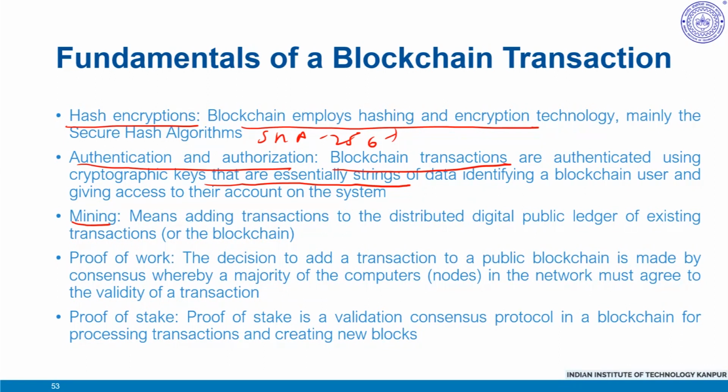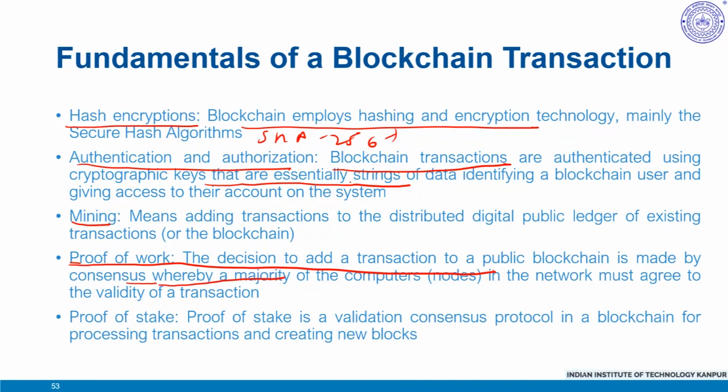Next, you have proof of work. This is the decision to add a transaction to a public blockchain. It is made by consensus, whereby a majority of the computers, or what you call nodes or members in the network, must agree to the validity of the transaction.